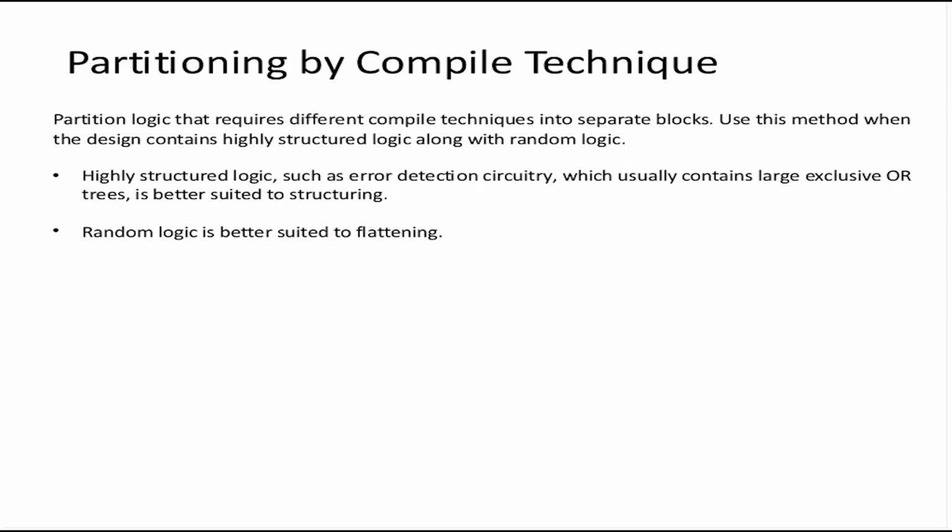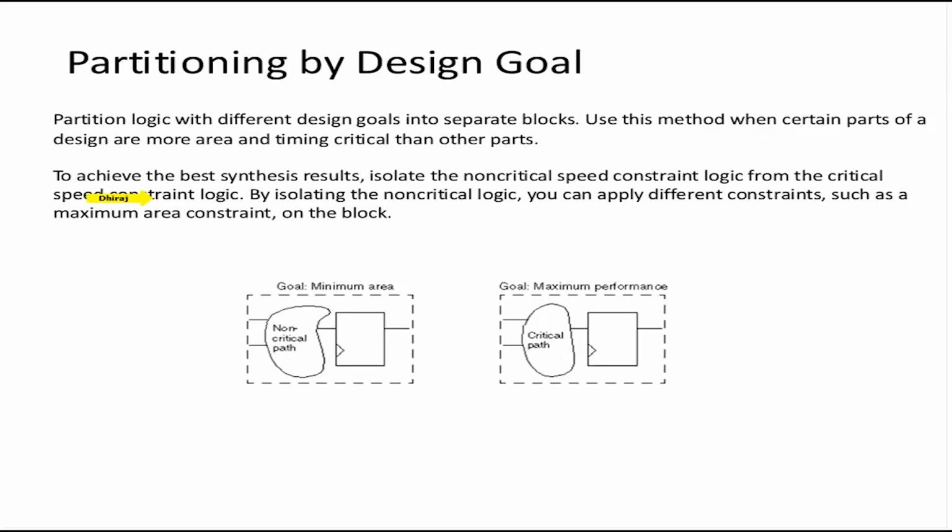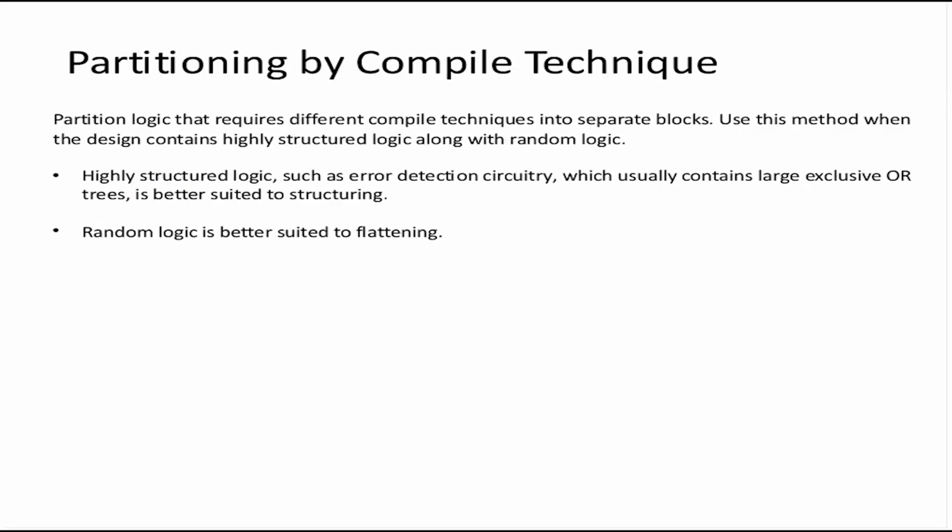The earlier one was a design goal. Now this is a compile technique. When you look at the compile command, the command that actually performs the optimization, it has a lot of options available. One such option enables it to actually use multiple stages in the design as opposed to flattening the design.